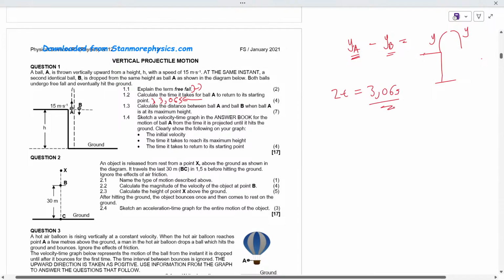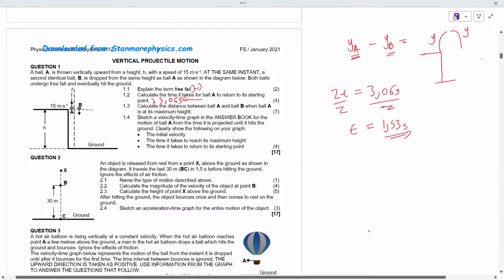We divide it by 2, and then our time is going to be how much? Yeah, I'm lost. Okay, divide by 2. 1.53. So are you still lost? No, I was still reading the question. Okay, it was: calculate the time it takes for ball A to return to its starting point.